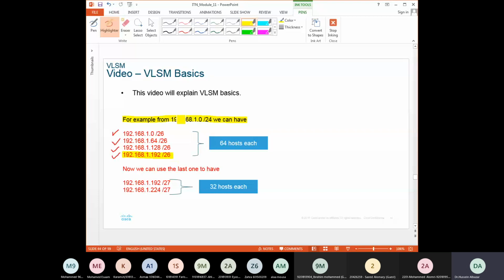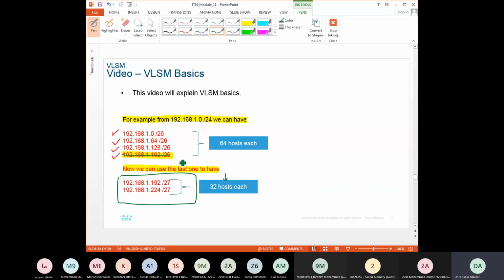And we can use the last one to have two more smaller subnets. So from this /26, this one will be subnetted into another two subnets, and each one will have 30 hosts. Why 30 hosts? 2 to the power 5, 32, minus 2, 30 usable hosts.